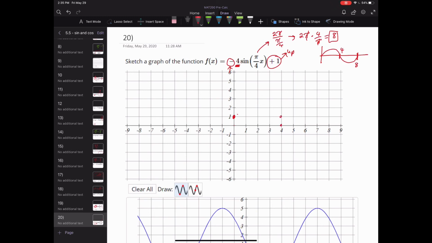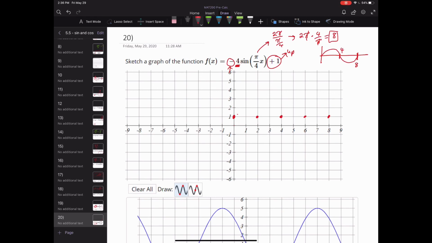Oh, I forgot I have to shift it up 1. And then my midpoint is at 4. And then my ending point is at 8, right? So the in-between points are my heights, my max and my mids. But I know it's getting flipped, and I know that the amplitude is 4.